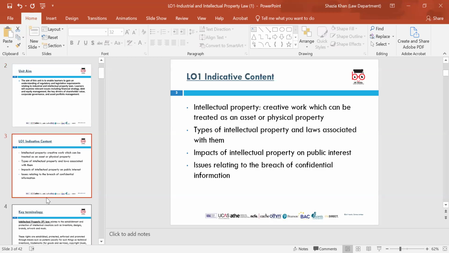The indicative content is intellectual property, creative work which can be treated as an asset or physical property, types of intellectual property, which we'll go through in more detail, impacts of intellectual property on public interest, and issues relating to a breach of information.